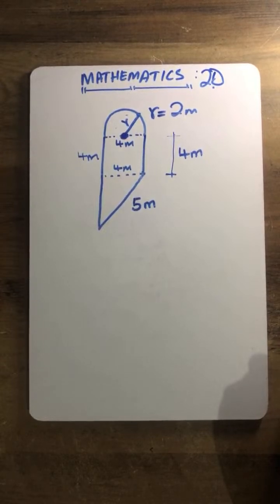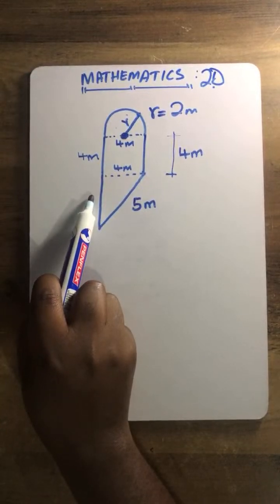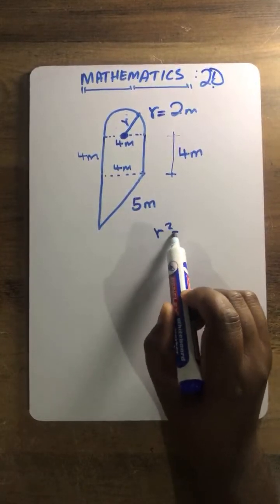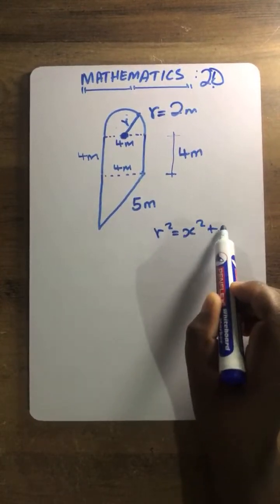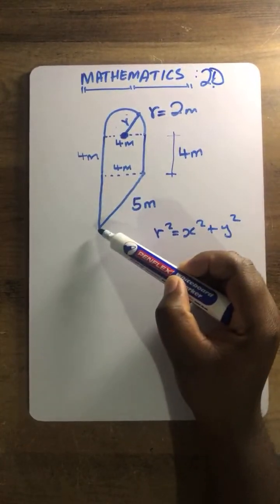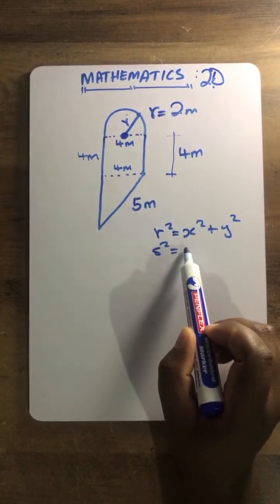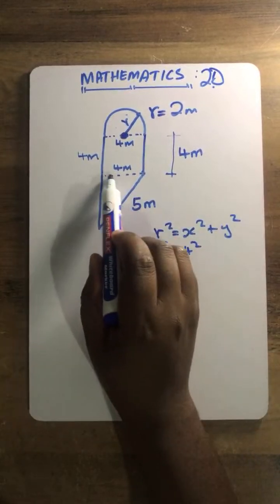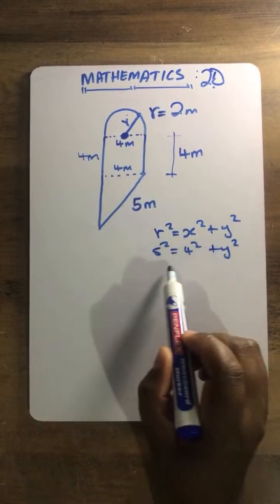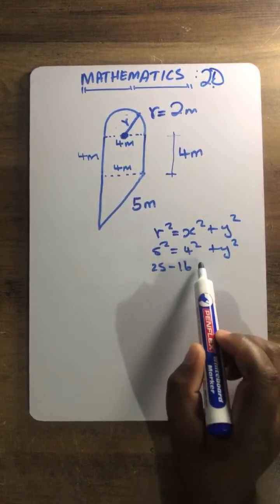And then that means you do not know what that side is. But you can find that side using that formula, because you know that this is your hypotenuse. That means 5 squared equals 4 squared plus that side squared. And then you can say 5 squared being 25 minus 4 squared being 16.